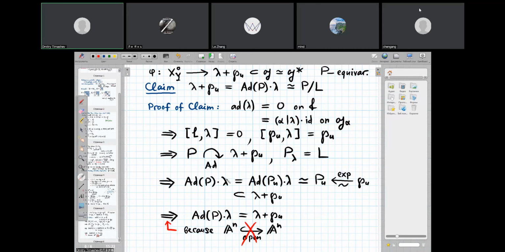Okay, so we have proved the claim, and now we are close to finishing the proof of the theorem. First of all, we have this map phi from X, Y naught to this shifted subspace, and this shifted subspace is a single P orbit with stabilizer L, as this claim states. When we have a P-equivariant map to a single orbit, then the source variety comes equipped with the structure of a fiber bundle over this orbit.